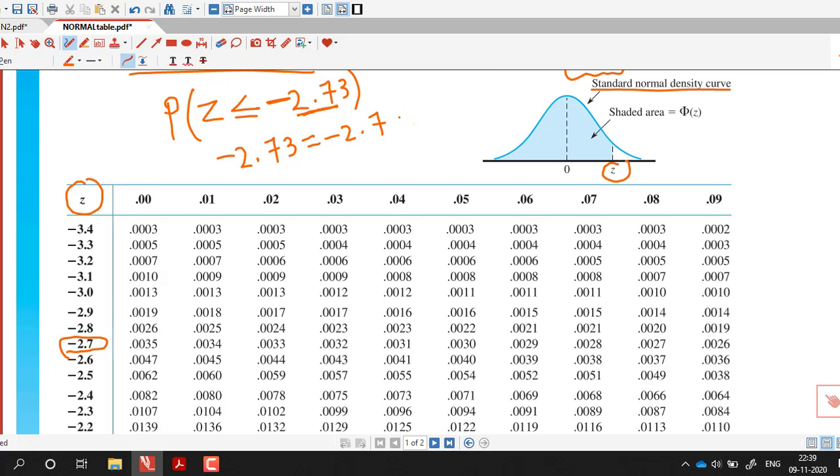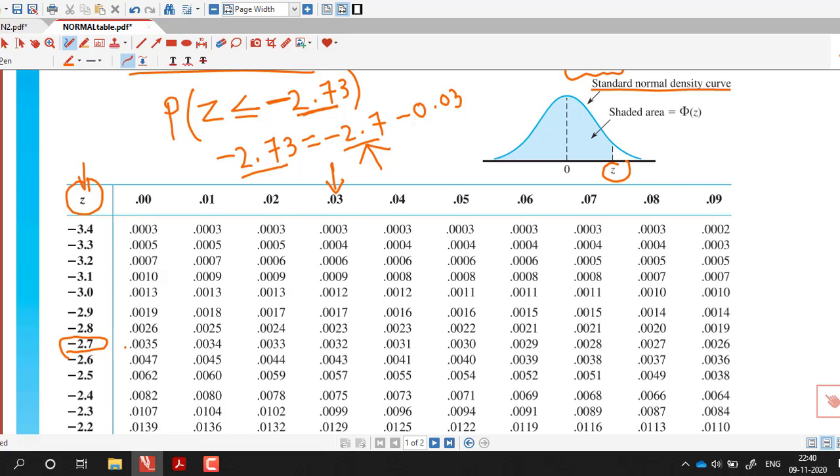So minus 2.73 can be written as minus 2.7 minus 0.03. So we first find out this value which is below the column under Z. So minus 2.7, and on this side we concentrate on this value 0.03.